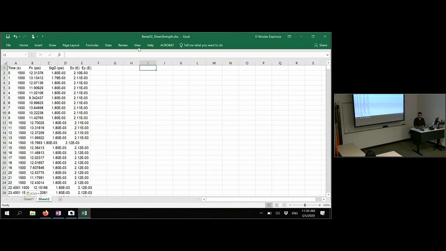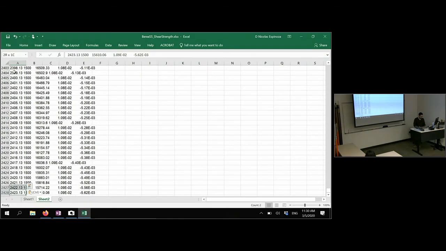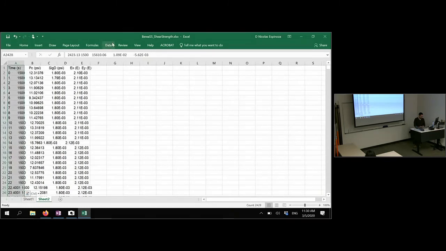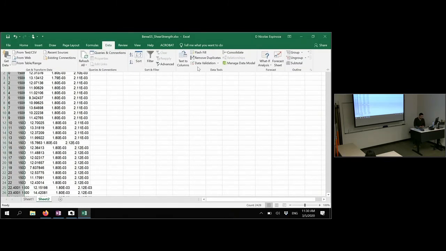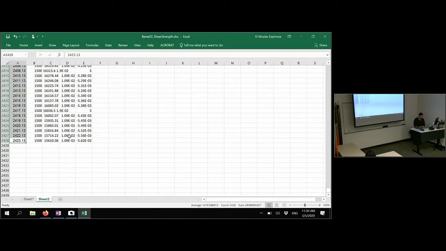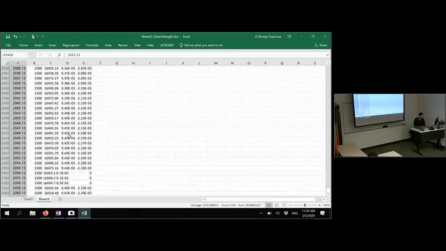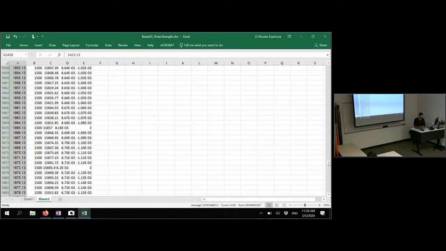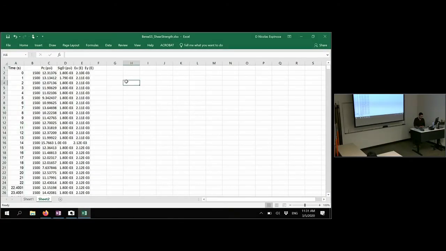We have to do what we have been doing to convert this into data in columns. So that looks good. This is a lot of data, so don't try to do it manually.